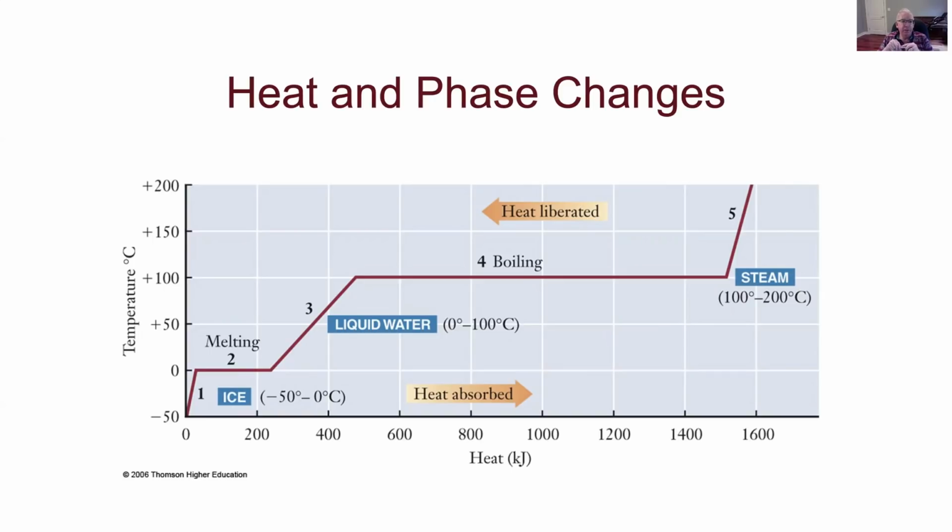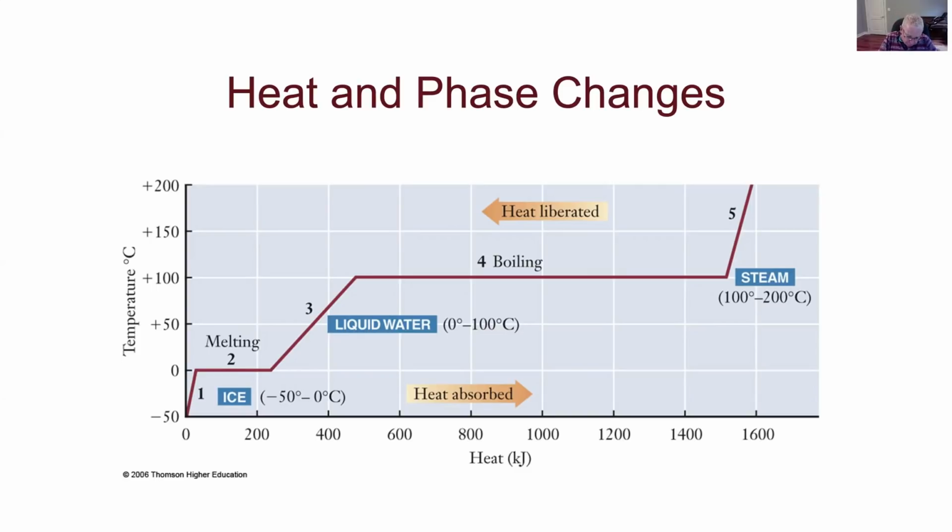The y-axis is temperature. Starting in the bottom left-hand corner, we start at minus 50 degrees C, where my water is very definitely going to be ice. On the right-hand side, we finish up at 200 degrees C, where my water is very definitely going to be steam. I honestly forget what mass or number of moles of water this is calculated for, but it probably says that in the caption to the figure in the book.